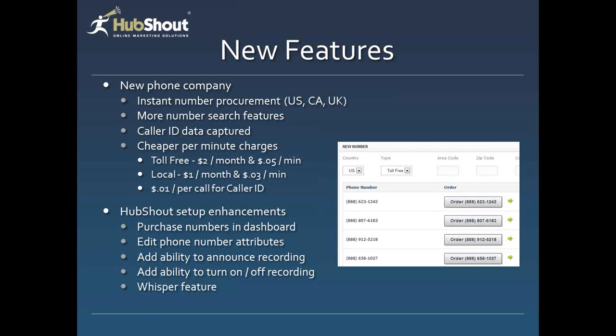Certainly important to us all is that this service also had a cheaper per minute charge. We now will be able to offer toll-free numbers at $2 a month and 5 cents a minute, and local numbers at $1 per month and 3 cents per minute. And then there is a 1 cent per call charge for caller ID.